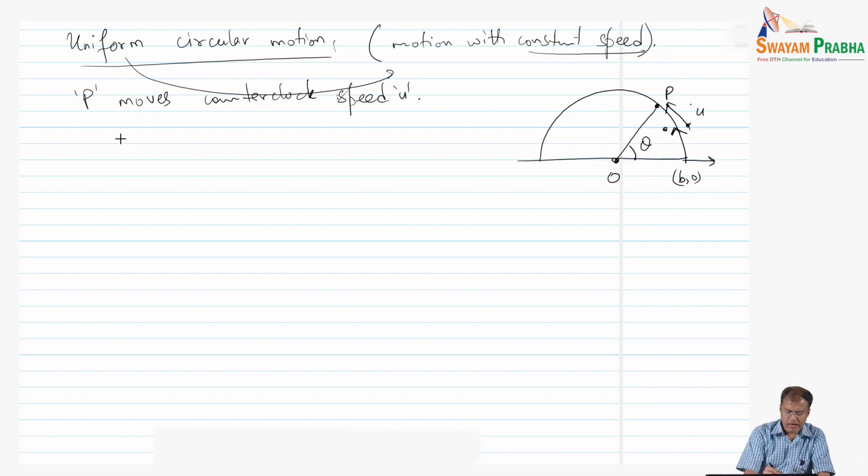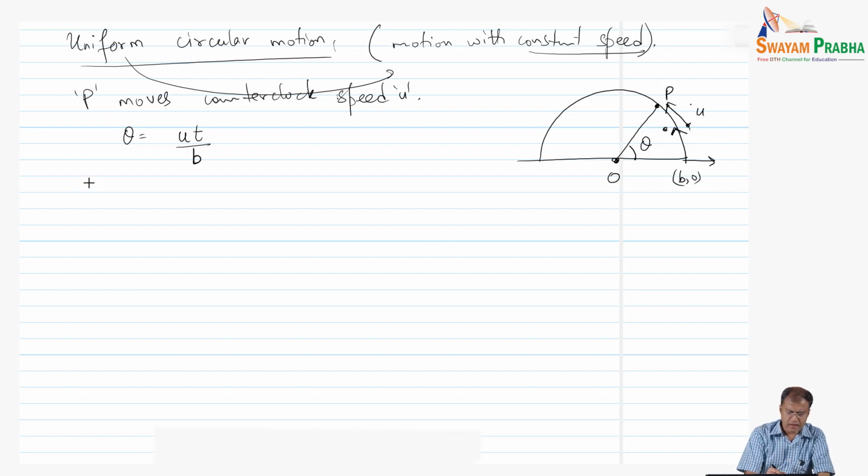Now what is theta here? Theta is the total length of the arc moved at any given time, which is u times t, divided by the length of the radius, which is b.